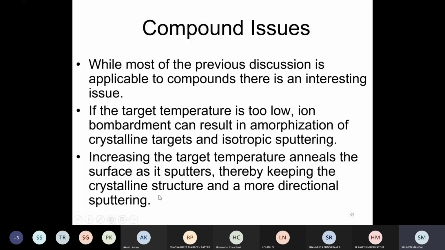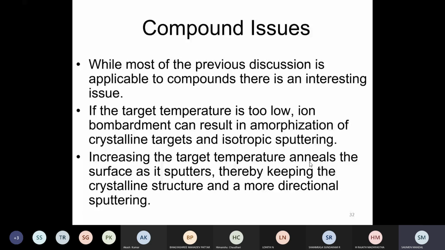So whatever is sputtered from the target, the sputtered atoms will deposit on the substrate, and if I keep the substrate at room temperature, then also we may receive some amorphous structure if you do the sputtering at low target temperature. But if you increase the target temperature, you may get the crystalline structure on the substrate and observe directional sputtering.